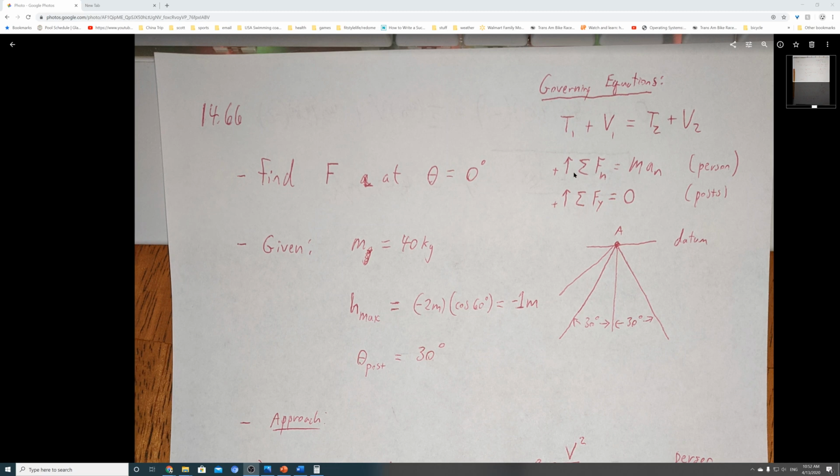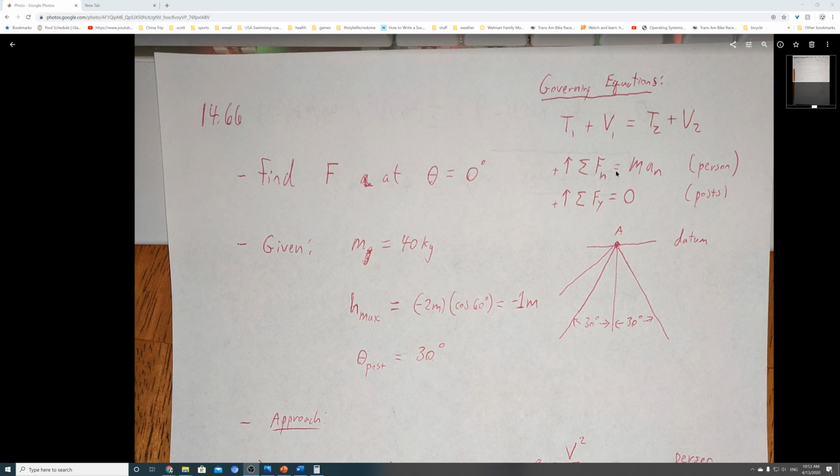The next thing is, this is basically the girl swinging back and forth along a radius, and we need to find the tension in this cable, the swing cable or swing chain. That's going to be the force that's pulling down against the posts.